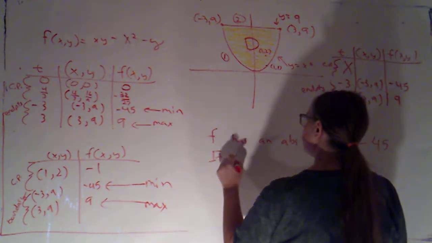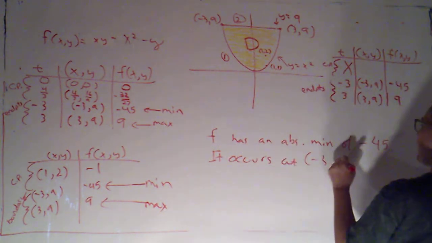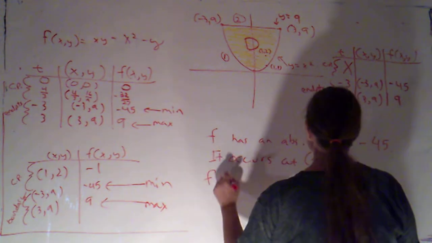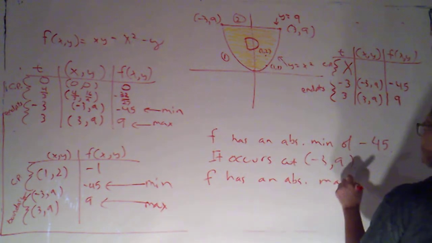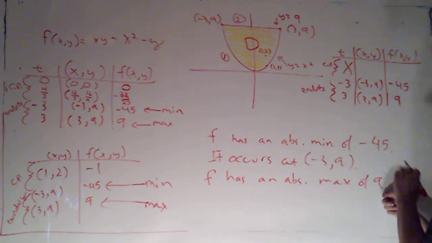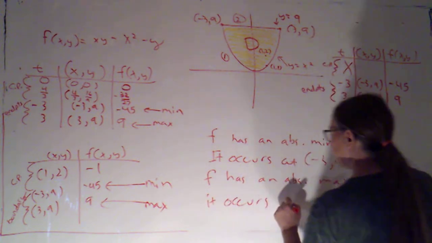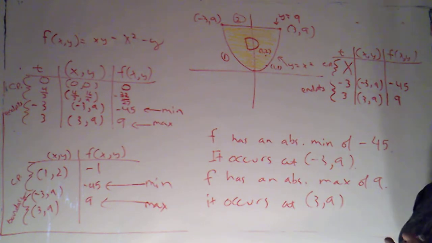It occurs at negative 3, 9. That is the location. f has an absolute max of 9. That is the value of the max. It occurs at 3, 9. That is the location of the max.